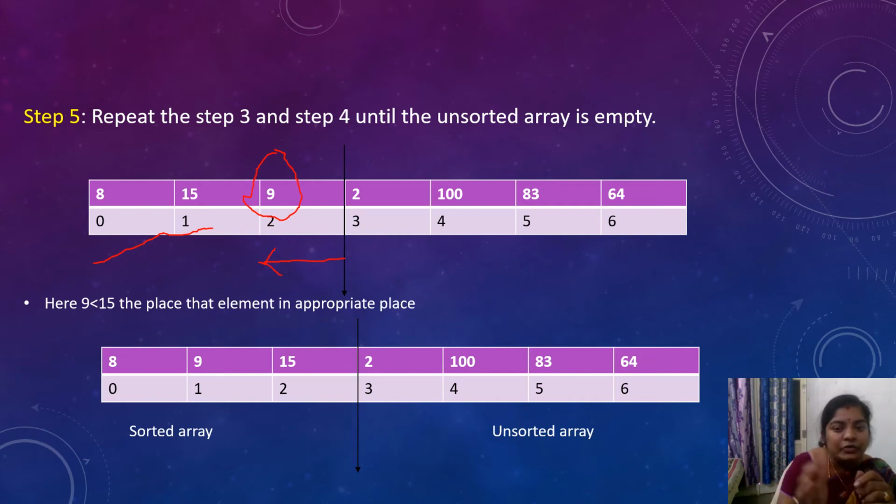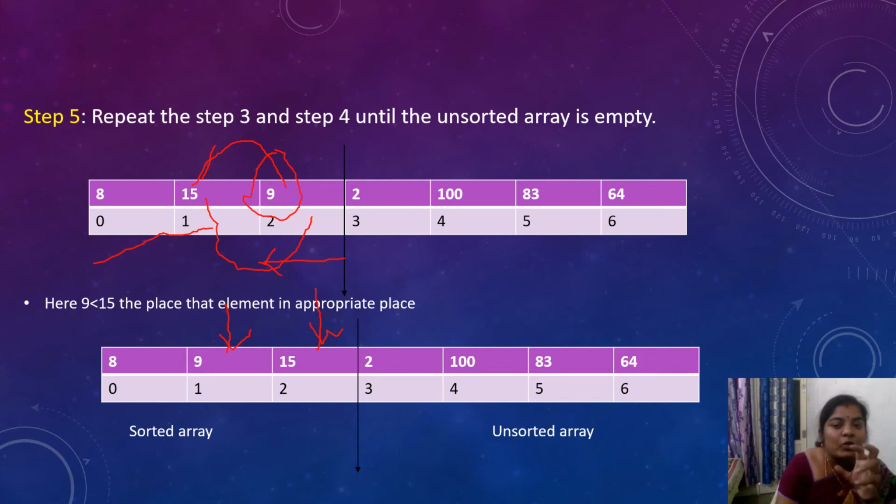Here comparison always starts from right to left. So what is the rightmost element? Here it is 15. So 9 is less than 15. So move this 9 to this side and 15 to this side. So we write 9 here and 15 here.